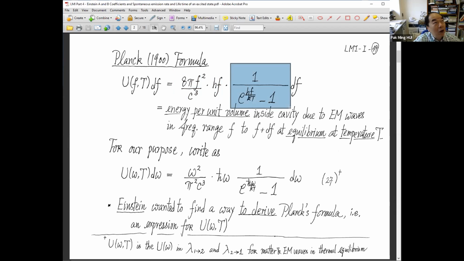For those of you who already encountered Bose-Einstein distribution, this is one special form of Bose-Einstein distribution with the -1 in the denominator, okay? Nonetheless, it means it is how much excitation of a particular oscillator of frequency f at finite temperature T. So this is the degree of excitation.